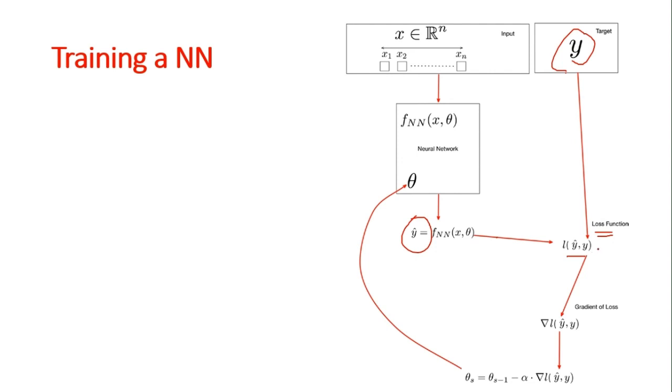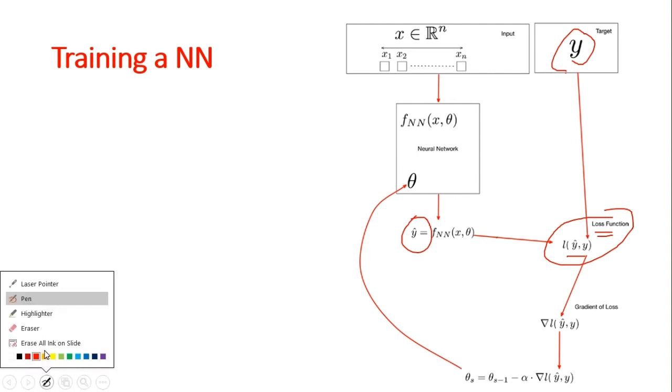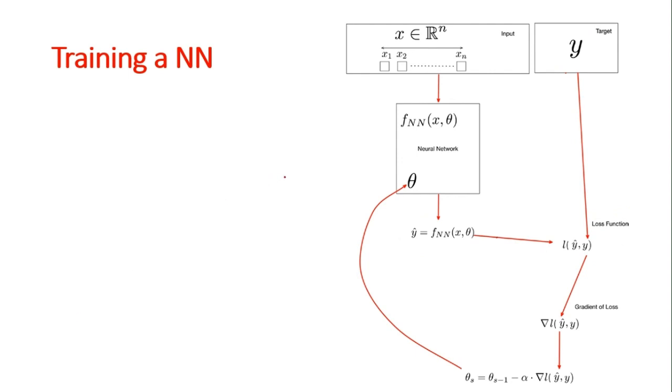Now, what is the next step? We have seen that we will optimize this loss function in such a way that we get minimum loss. Then only the training will be proper. Now, what is training? Training means we are making the neural network able to classify or predict according to our input and output.